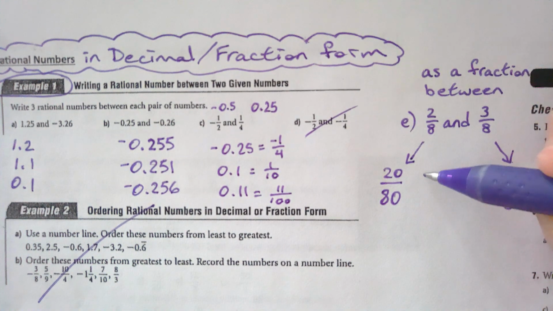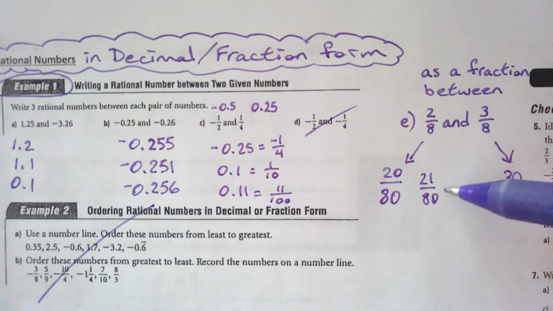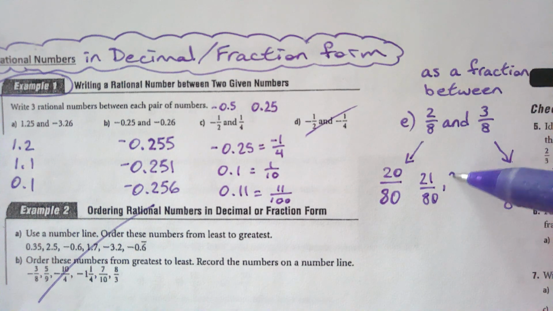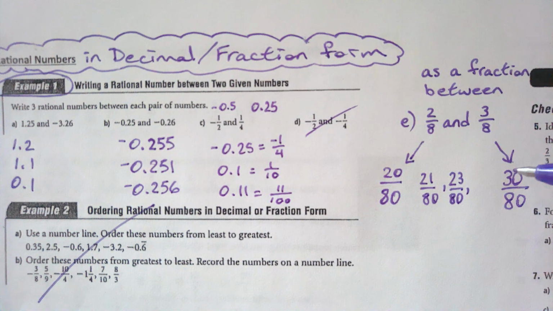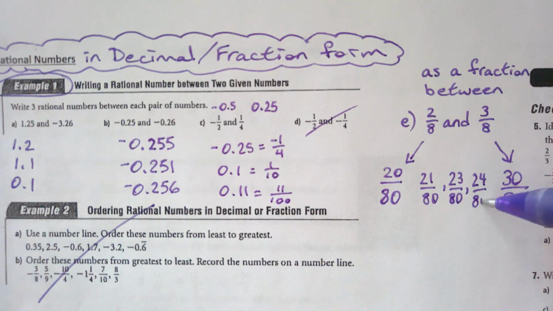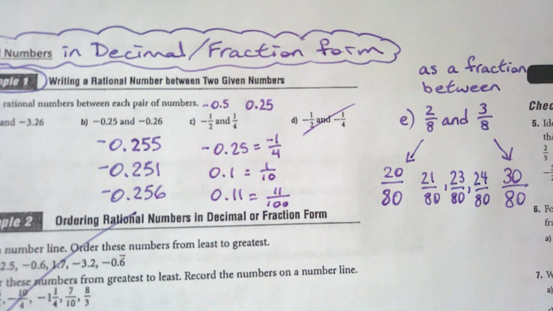So I could choose, for example, 21/80, 23/80. All right. And Margaret, can you give me one more in between? 24 over 80. Now, if you give me those three choices, you are gonna get 2.5 out of 3.